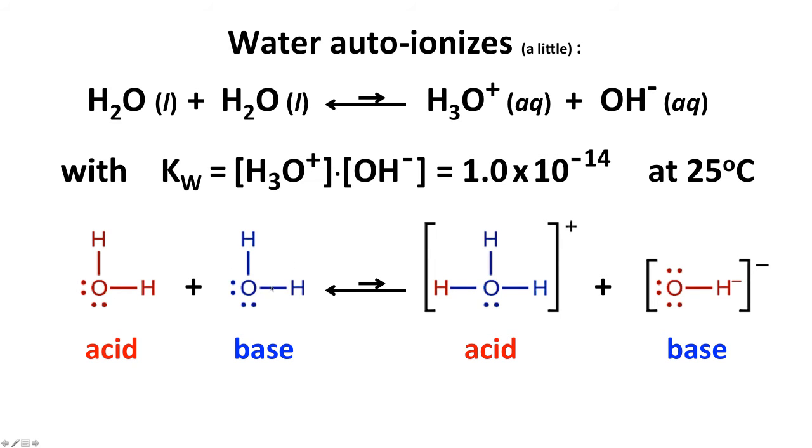This molecule acts as a base because it accepts a proton. We produce conjugate acid-base pairs. And substances like water that can function as both an acid and a base, depending on the circumstances, are called amphiprotic. They're sometimes also called amphoteric. So these are substances that can function as either an acid or a base, depending on the circumstances.